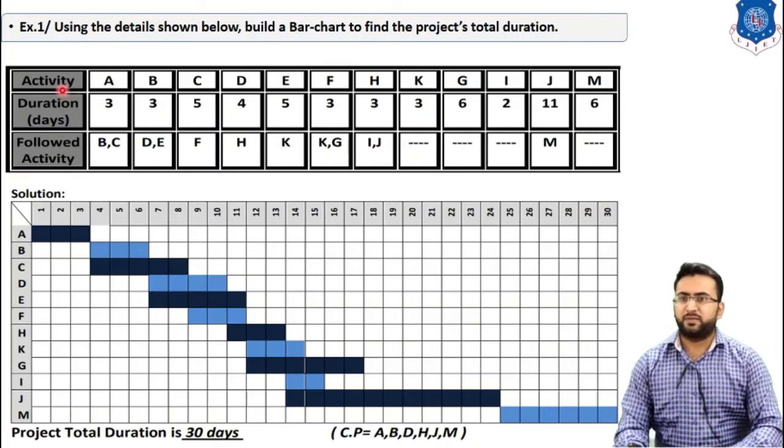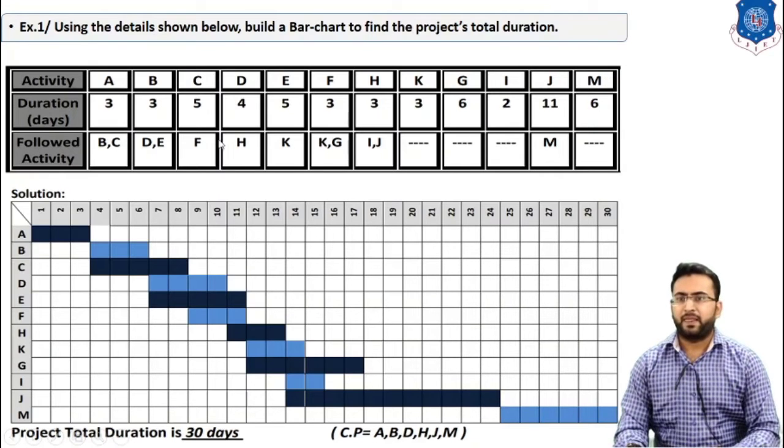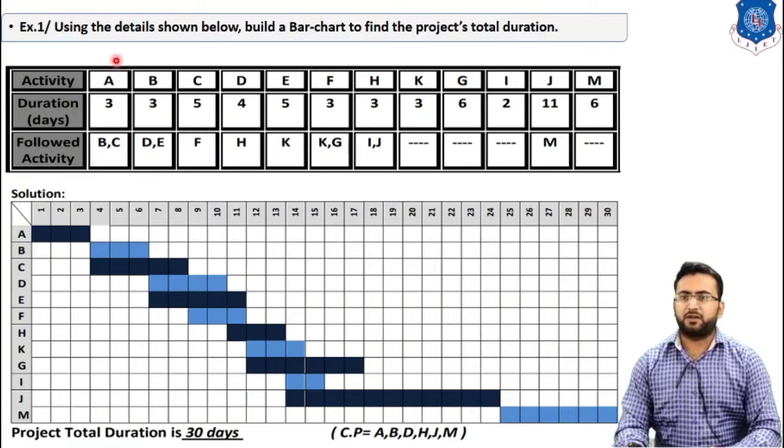In this problem, various activities are given, such as activities A, B, C, D, E, F, H, K, G, I, J and M, followed by the dependent activities. This means that after completion of activity A, activities B and C start. After completion of activity B, activities D and E start. After completion of activity C, activity F starts.